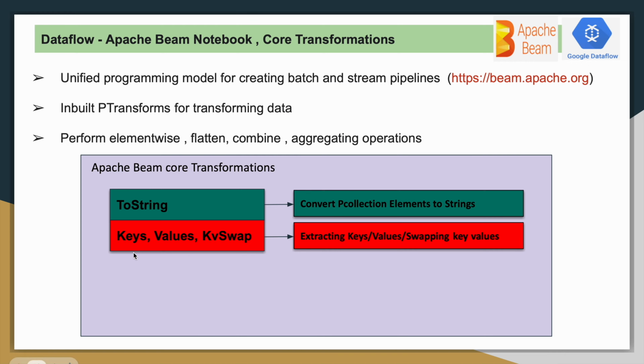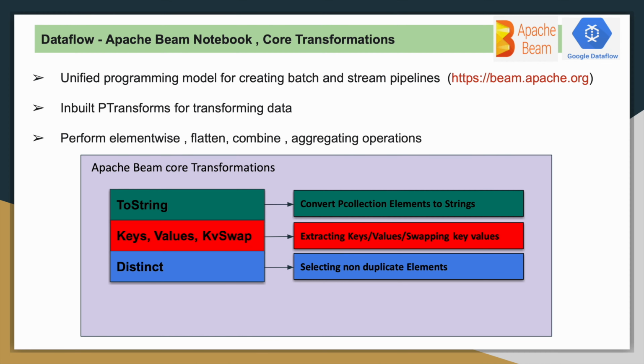We have a separate transformation available for this. If you have to extract values, you will use the Values transformation. In some cases you will have to swap keys and values, and in such cases you will use the KvSwap transformation, which is already available.